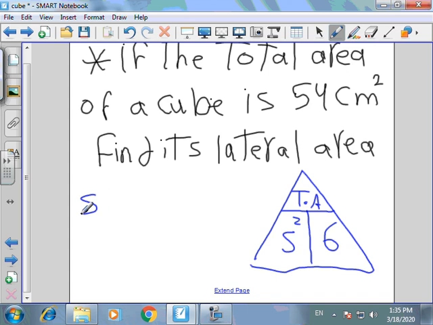So S equals total area divided by 6. Oh, but wait, we have here power 2, which means S times S. It's not only one side, it's 2 sides. To cancel the power 2, we have to put all of this under the square root. Very good.